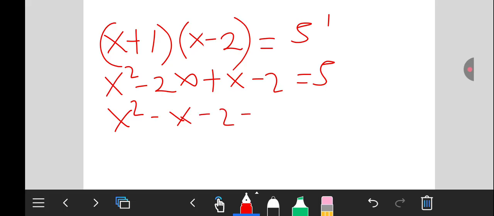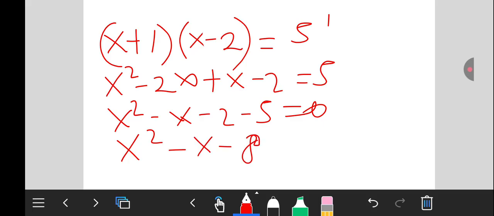This positive 5 can come this side, then we'll remain with 0, so it will be negative 5. So we're going to have x squared minus x minus 7, negative 2 minus 5 is negative 7, is equal to 0.